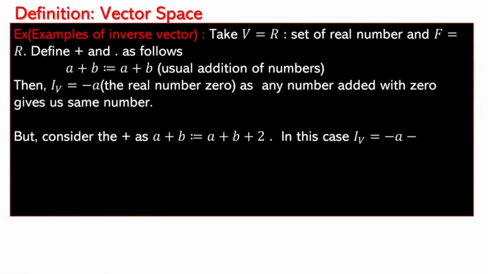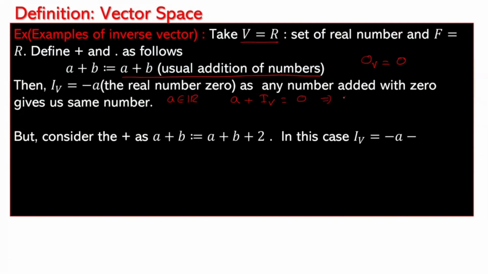Examples. Let's take the previous example. In the last example we took V equal to R, and with the usual addition of numbers we got 0v equal to the number 0. So what will be the inverse in this case? Let a belong to R, then a plus iv is equal to 0.